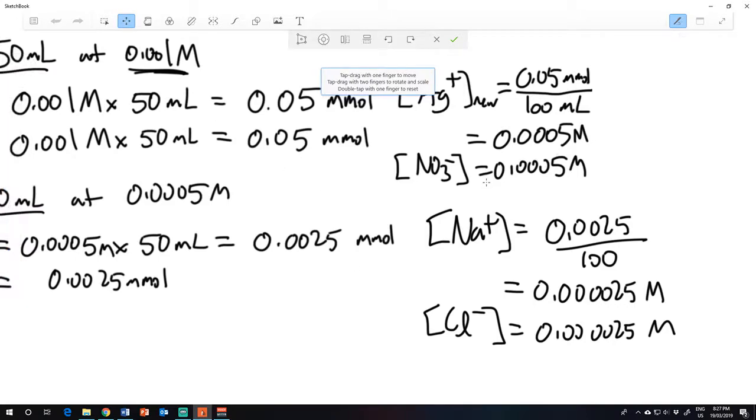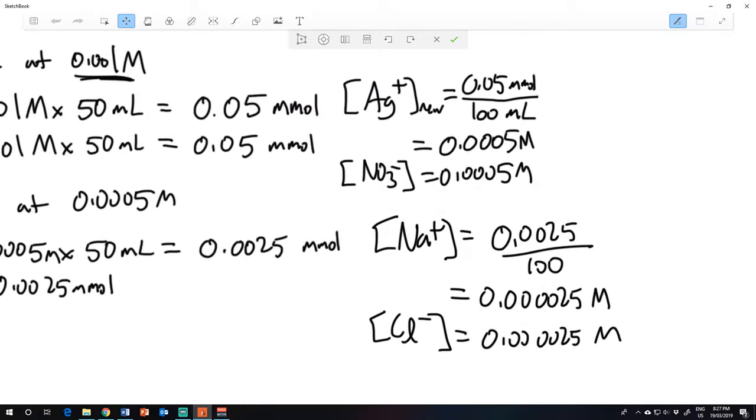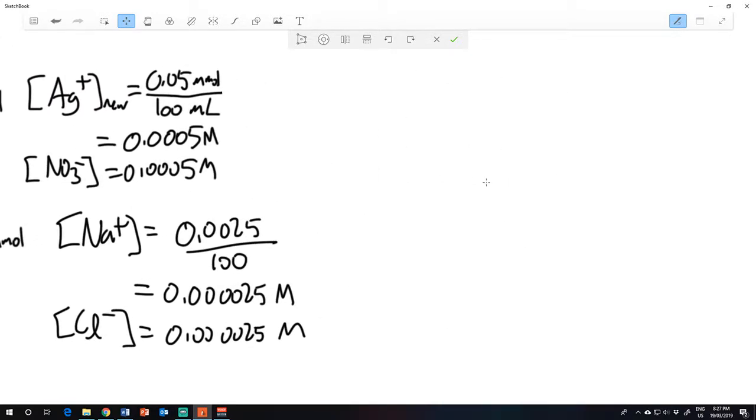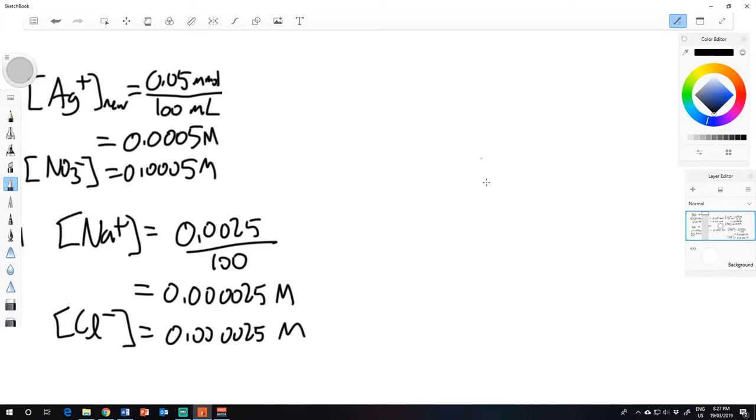Because two of these ions might combine to make a precipitate. You can probably guess which two ions will make it, but if you can't, we'll check. We already know the nitrate won't because nitrate's always soluble, so we check sodium or the chloride ion, and it turns out that silver chloride will form a low soluble precipitate.